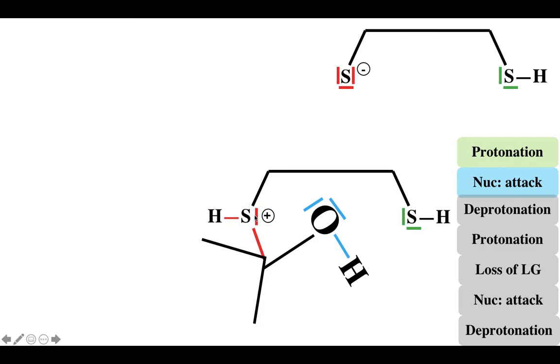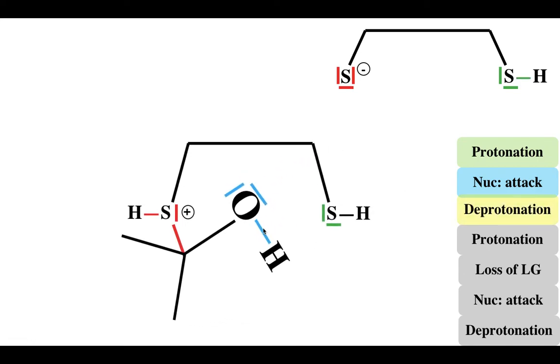So that sulfur formal charge needs to be removed because sulfur doesn't like to bear positive formal charges, just like oxygen doesn't. So what will happen is that that conjugate base of EDT that we created in the first step will accept that proton from our substrate in order to remove that formal charge. And now, students, you might recognize that we have a thioacetal.